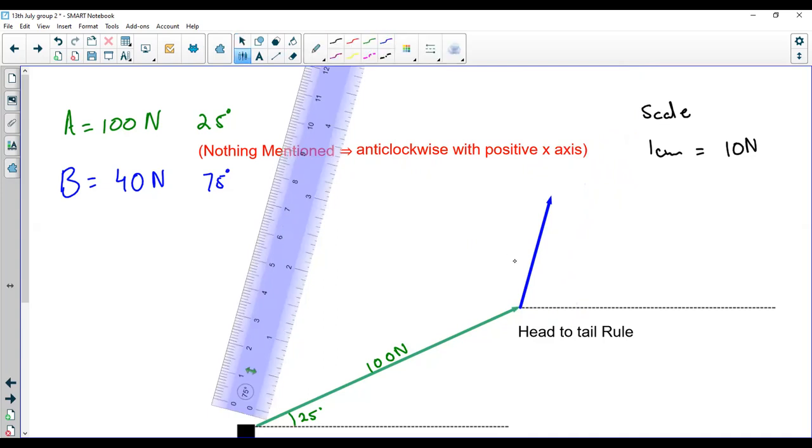So that's 40 Newton, which I'm going to write here, and actually it is at 75 degrees.